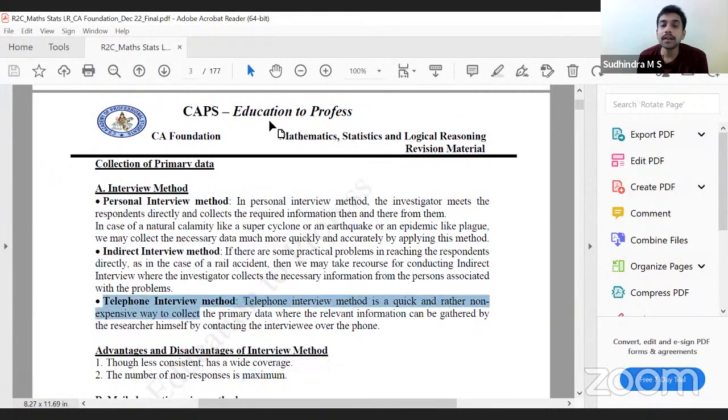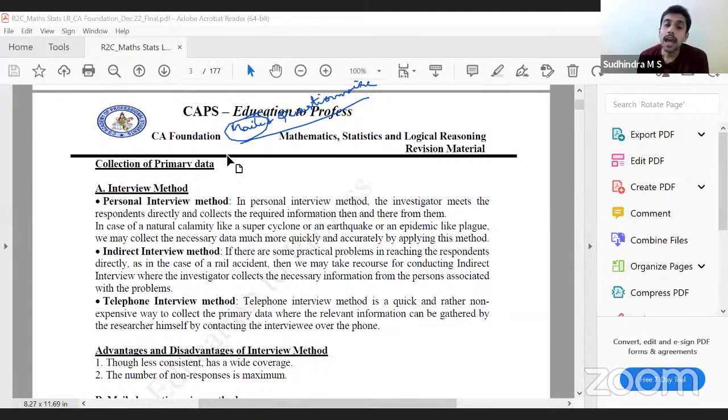Next one, the mailed questionnaire method, the second one. In the mailed questionnaire method, we prepare a questionnaire of all the information required. We convert it into questions and send it through mail. It could be electronic mail or physical mail. The respondents have to fill in the information and send it back.